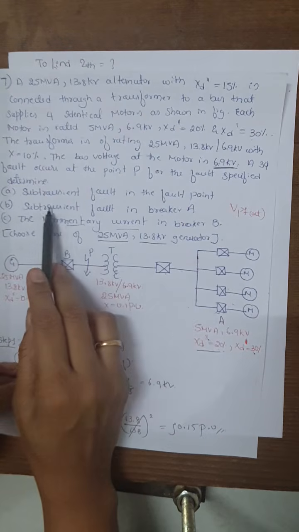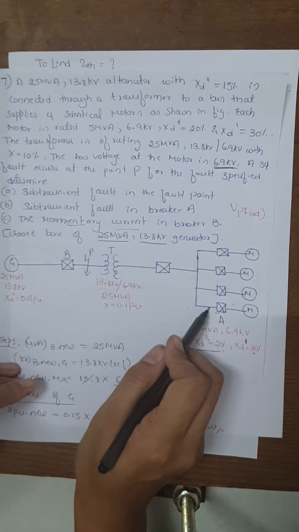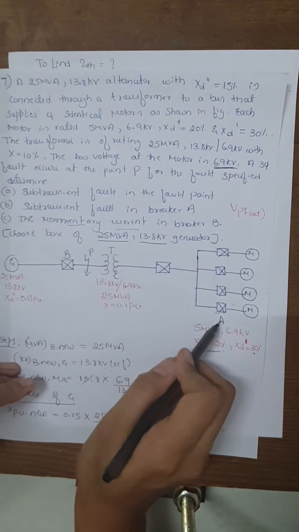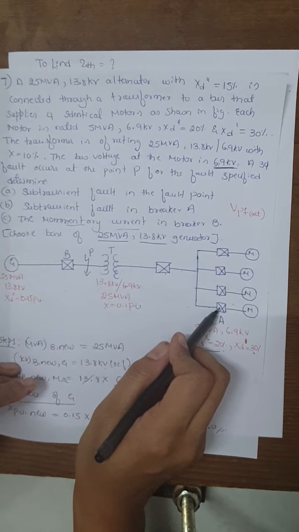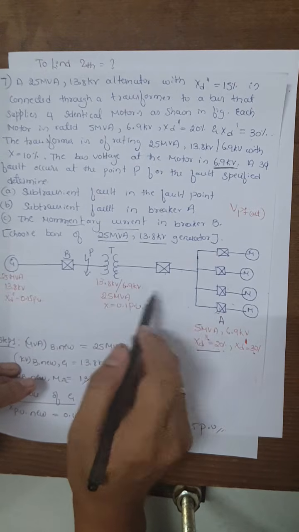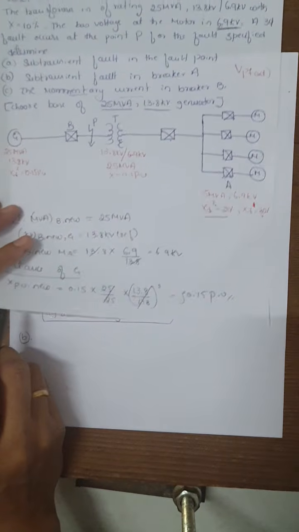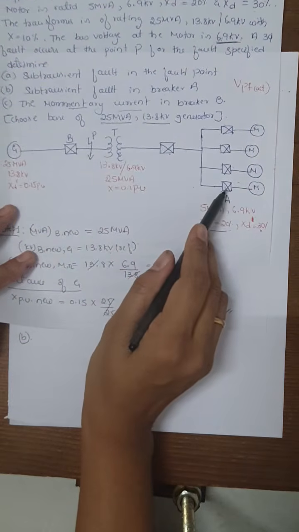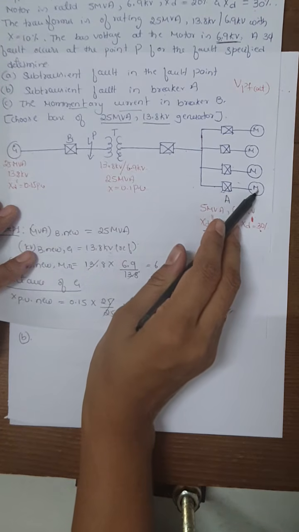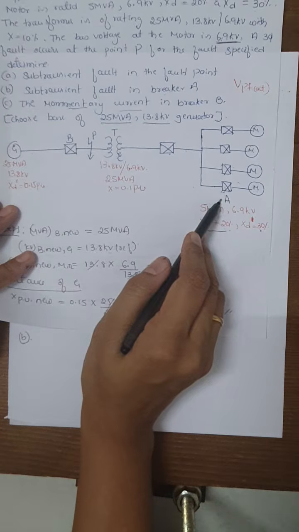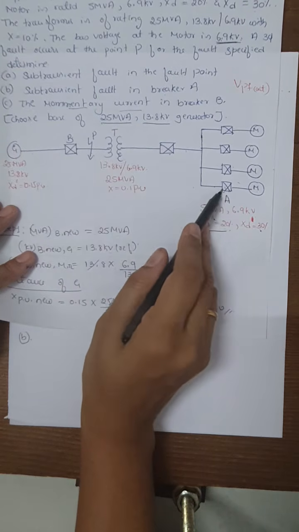Now in the second case, the subtransient fault occurs at breaker A, and under that condition you need to find the fault current IF double dash. So we need to write the same reactance diagram, but here we have to neglect the circuit breaker connected to the fourth motor, because once the circuit breaker is operated, it will be entirely disconnected from the whole power system.